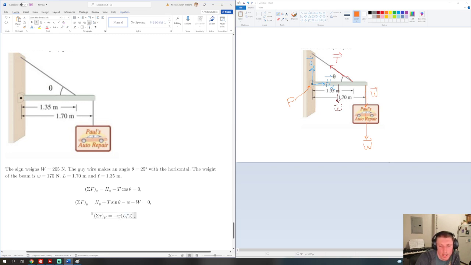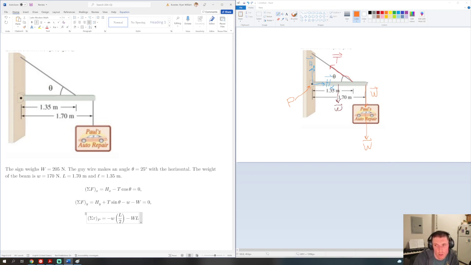And one more time, we can all probably see that if it were just this force alone acting on the beam, it would definitely start to rotate clockwise, which is why I put the negative sign in front of this. We'll knock out the hanging sign also, and that's going to be just big W times L, because it is acting at a distance of 1.7 meters from the hinge.